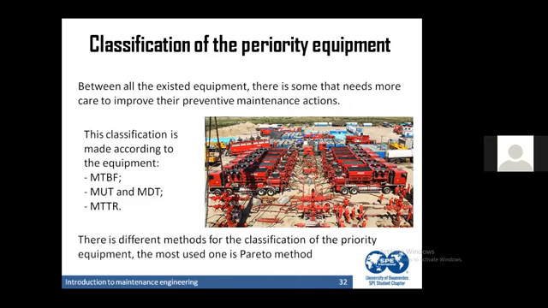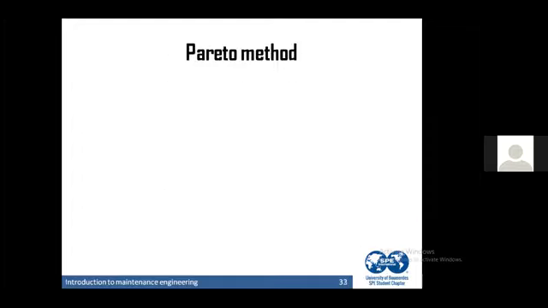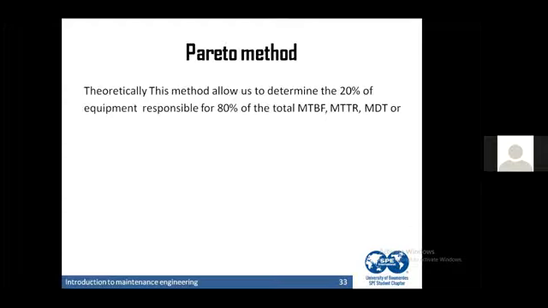There are different methods for classification of the priority equipment, and the most used one is the Pareto method. The Pareto method gives us, theoretically, the 20% of equipment responsible for 80% of the total MTBF, MTTR, MDT, or MUT.